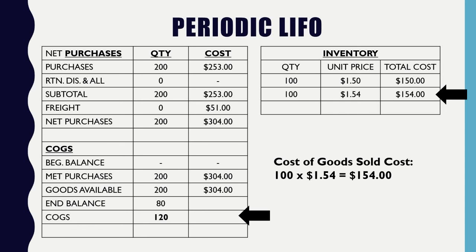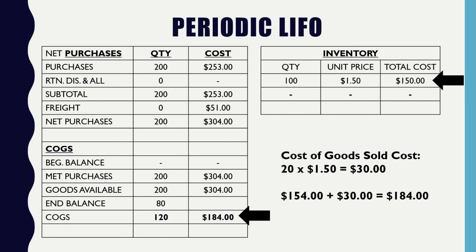And it's exactly 100. So we calculate that, we already know it's 154. Next, what we're going to do is take 20 items out of the first batch that we bought.